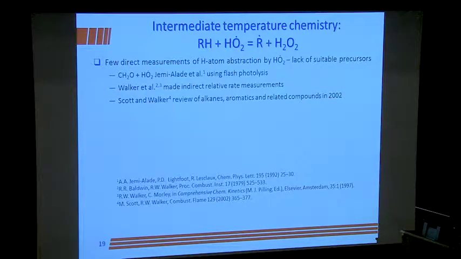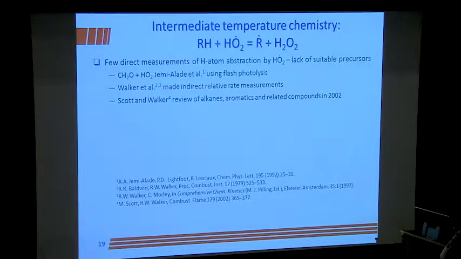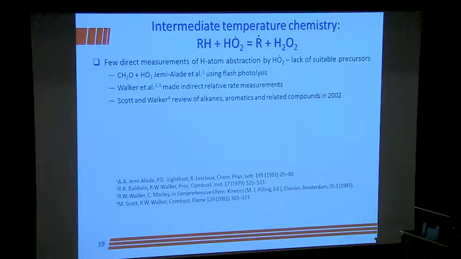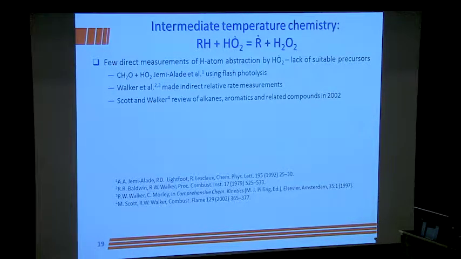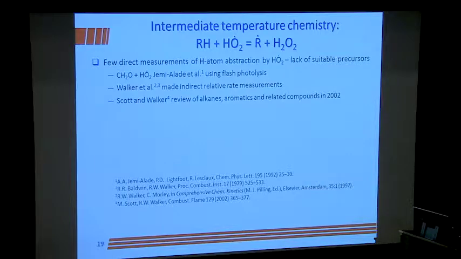So researchers like Professor Hansen can't get a precursor for HO2 formation that he can then use to look at the rate of reaction with a stable molecule. Okay? Jemmy Alade and co-workers did look at formaldehyde plus HO2 using flash photolysis. And I mentioned Ray Walker a little earlier. He did a lot of indirect relative rate measurements of rate constants for abstraction.